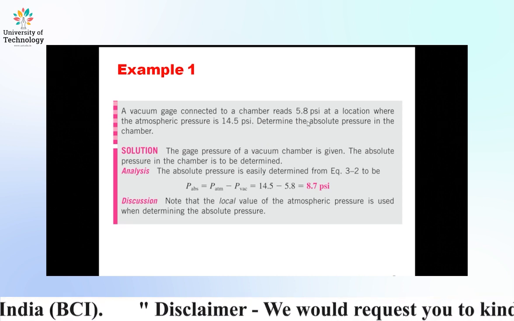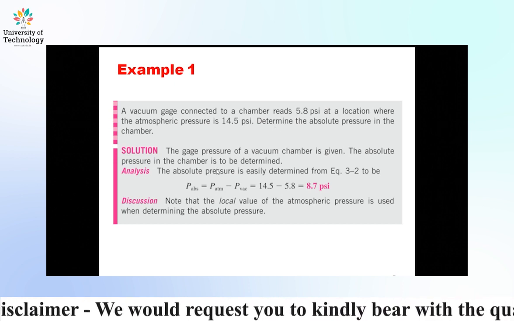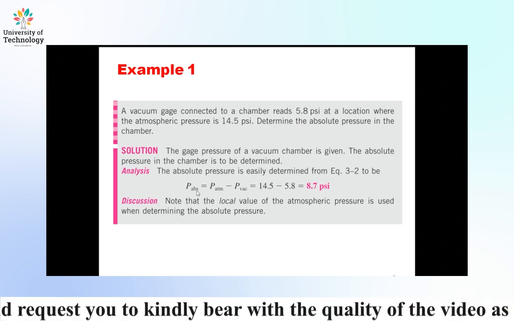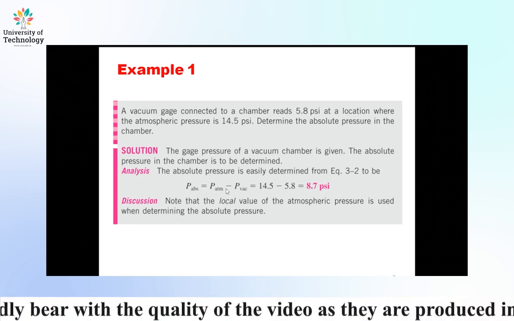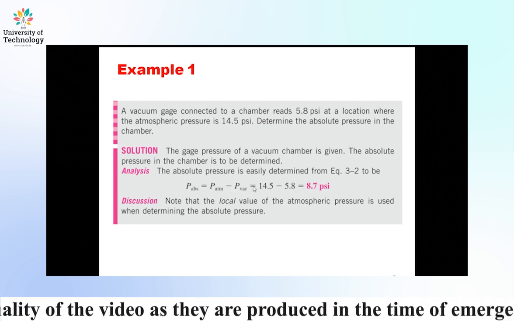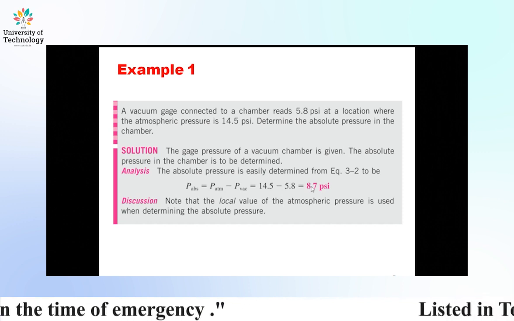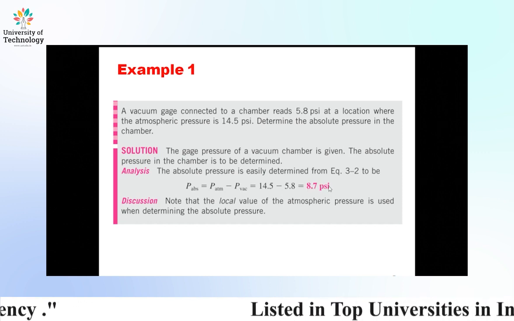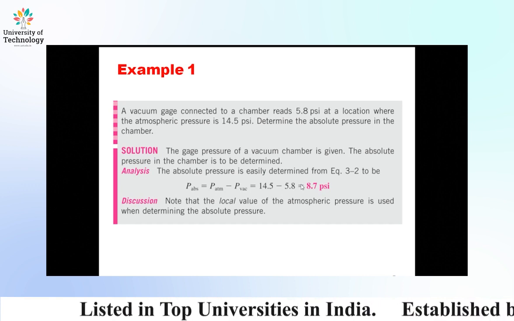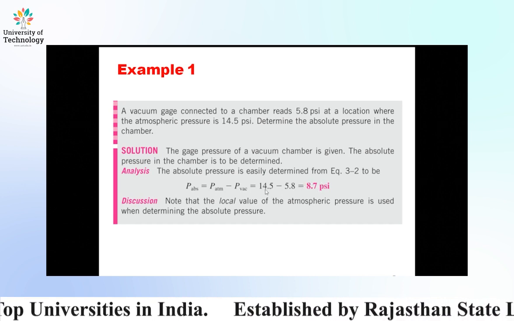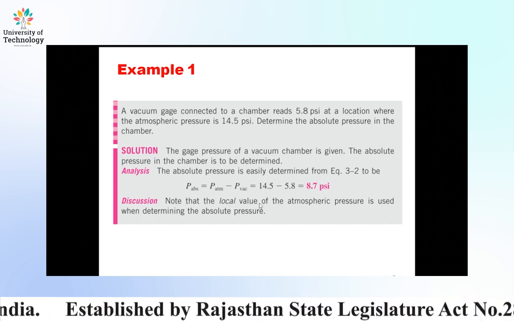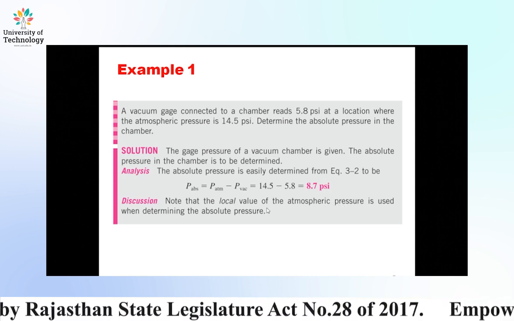By relation, absolute pressure is equal to atmospheric pressure minus vacuum pressure. So 14.5 minus 5.8 equals 8.7 psi. So the absolute pressure in this case is 8.7 psi. Note that the local value of atmospheric pressure is used when determining the absolute pressure.